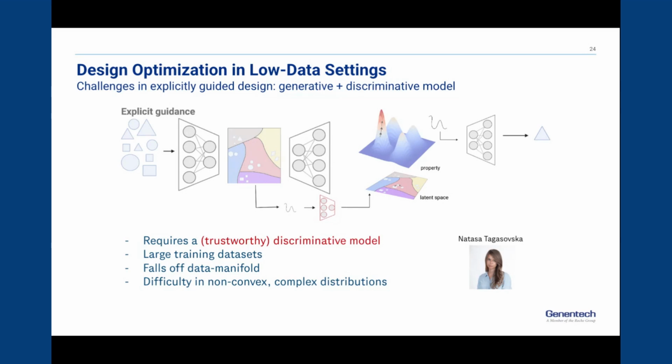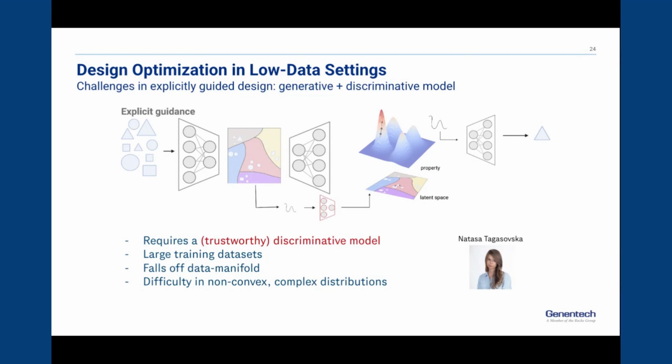However, in most low data settings, these models are not doing the right job. For example, the discriminative model cannot be reliable if you don't have that many data points. So you're working in a low data regime, which is often the case in many of these projects. The other issue is that this discriminative model that is guiding the generative model can basically guide the generative model in directions where there are no data points.